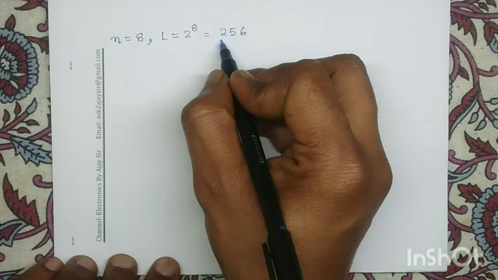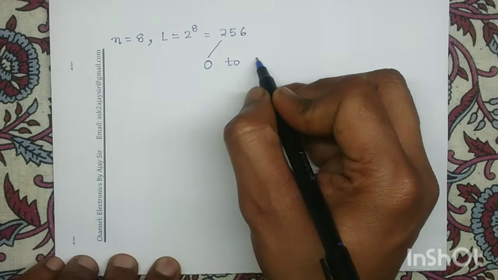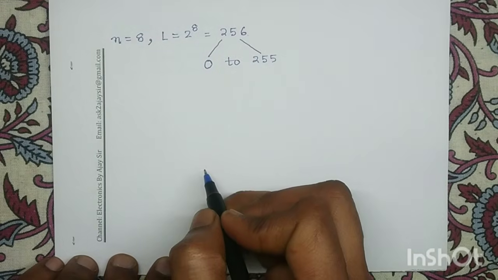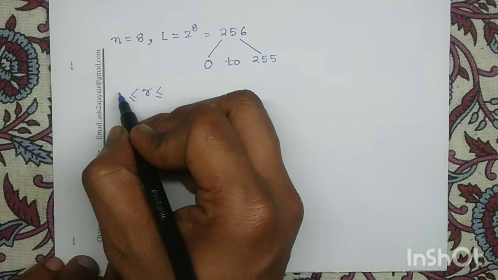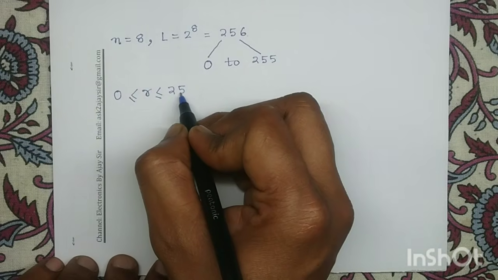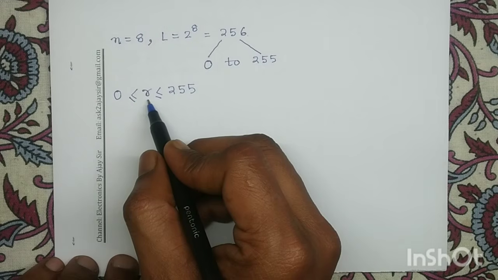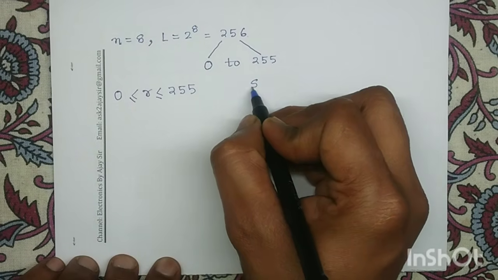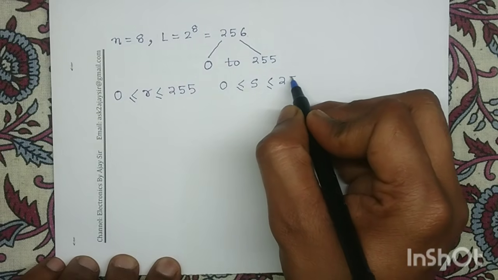The representation starts with the minimum gray level, that is 0, to the maximum gray level, that is 255. So for an 8-bit digital input image, the input intensity level r varies from 0 to 255, and we want our output intensity level s to also vary from 0 to 255.